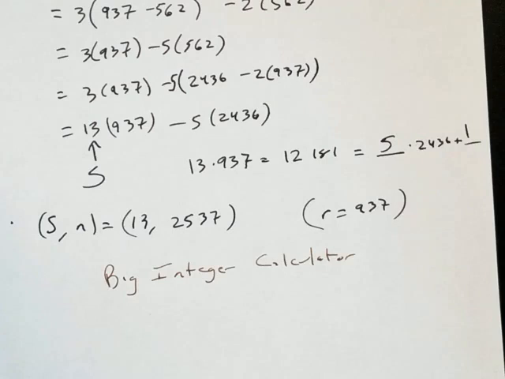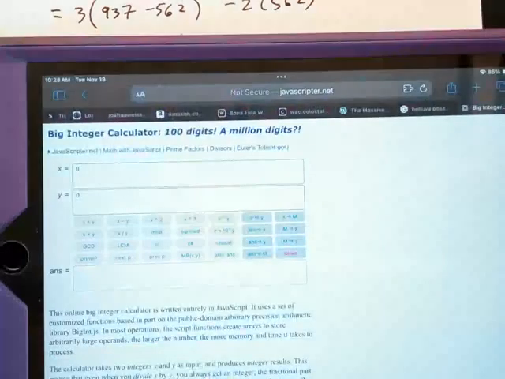The one I'm used to is the second result in the links. Looks like this, big integer calculator. And notice I have addition, subtraction, multiplication, mod, square and mod. I have a lot of options right here that I can use.